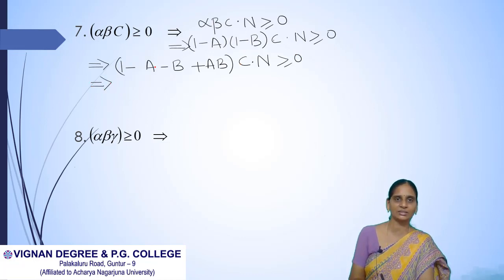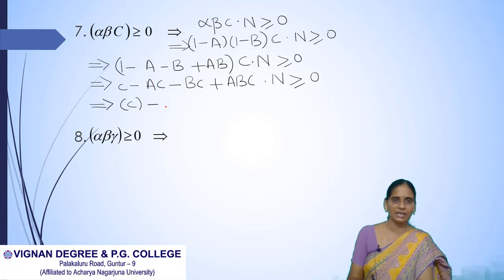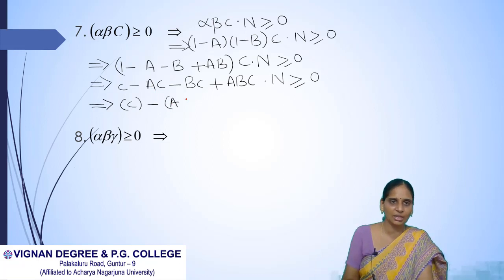And this implies C minus AC minus BC plus ABC into N, which is greater than or equal to 0. So this implies C into N can be written as frequency of C, AC into N we have to write down here frequency of AC. BC into N can be expressed as frequency of BC.